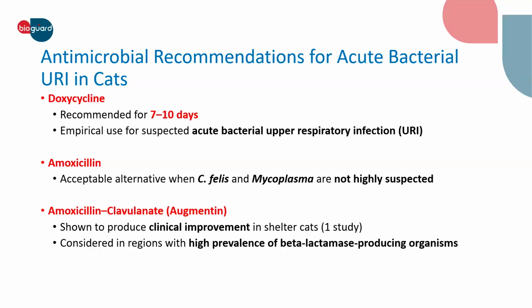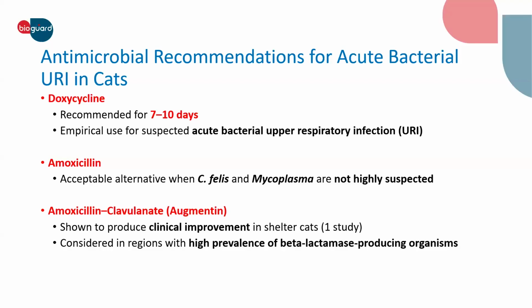It can also treat Mycoplasma and Chlamydia infections. So doxycycline is a good option, and it's recommended to treat the cat for 7 to 10 days for acute bacterial URI. Amoxicillin is also an acceptable option when Chlamydia and Mycoplasma are not highly suspected or not involved in this infection.